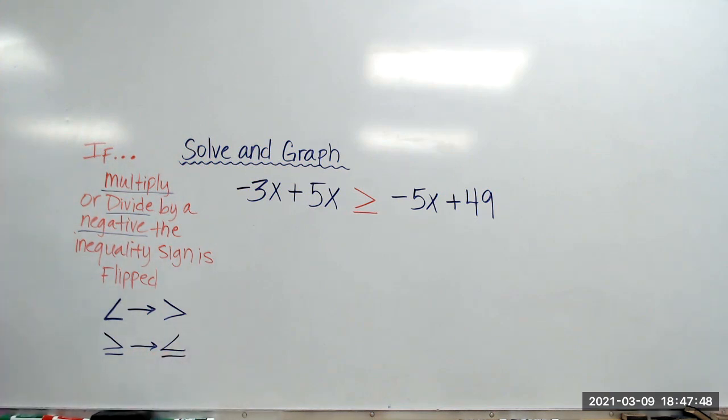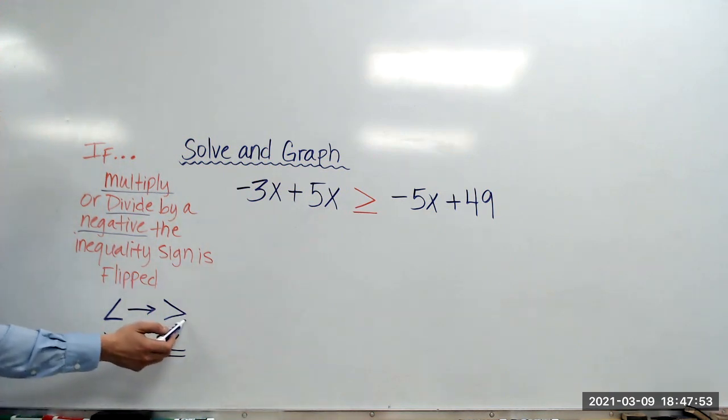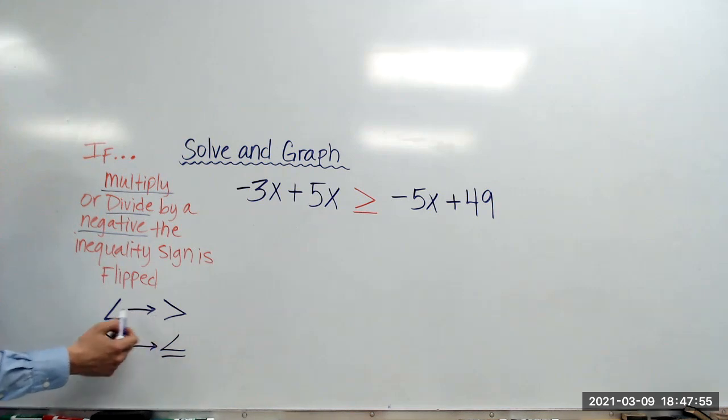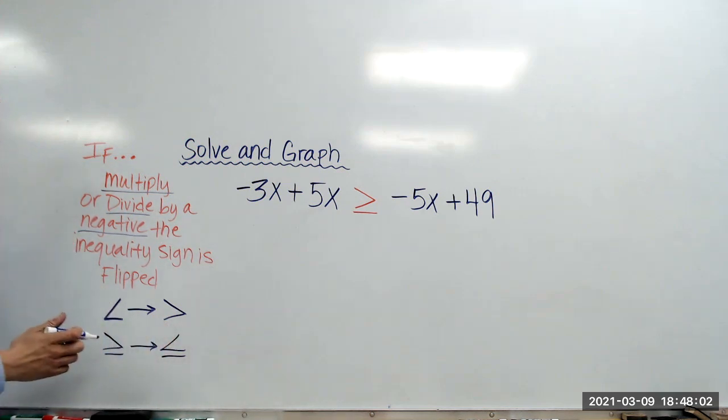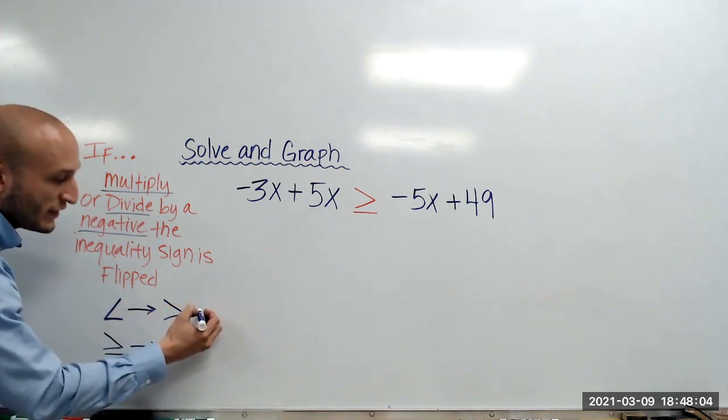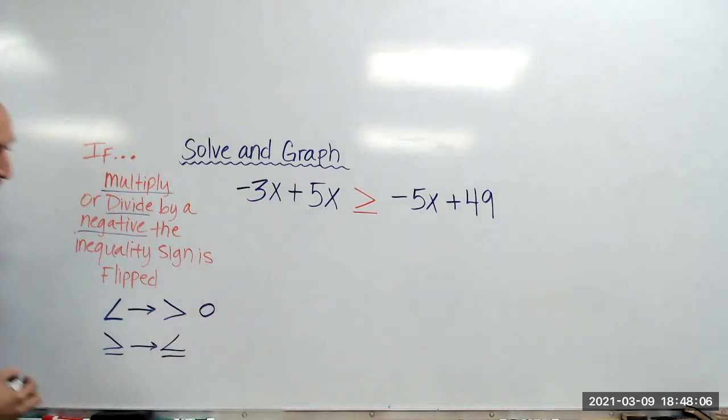Okay, another thing, when we graph, and I just have a less than sign and a greater than sign with no line underneath, meaning equal, my point when I graph will be open.